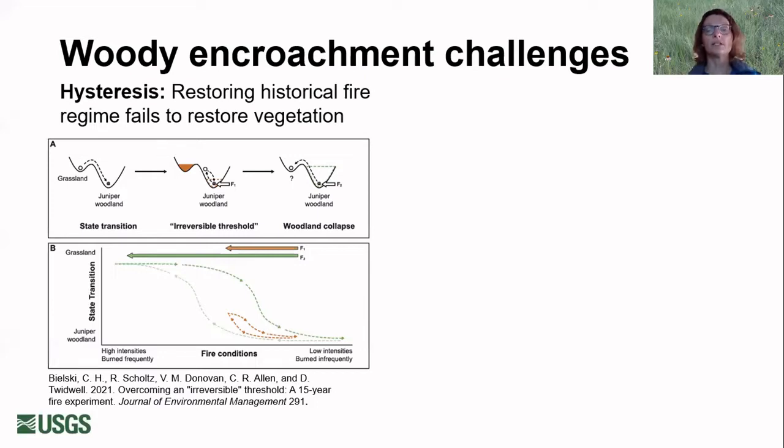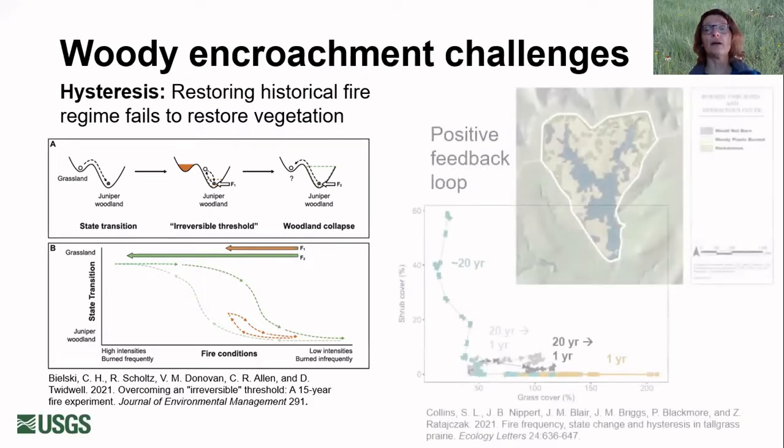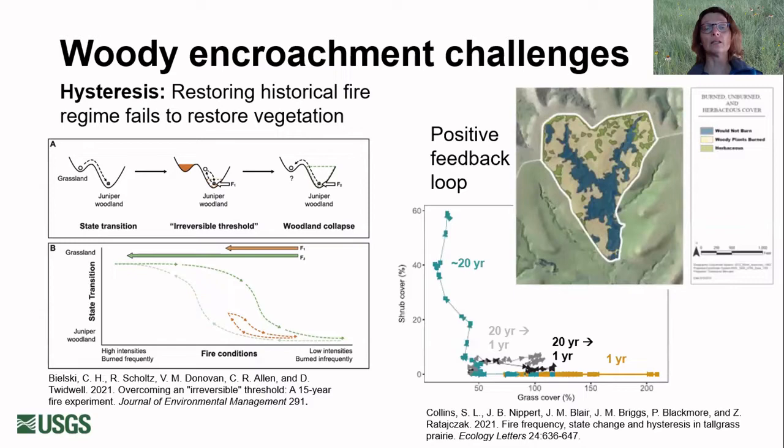But in areas where deciduous shrubs are the main invaders, such as in tallgrass regions, the shrubs can cause a positive feedback loop in which areas with dense enough shrub encroachment become unburnable.